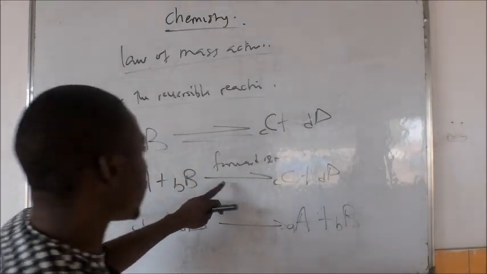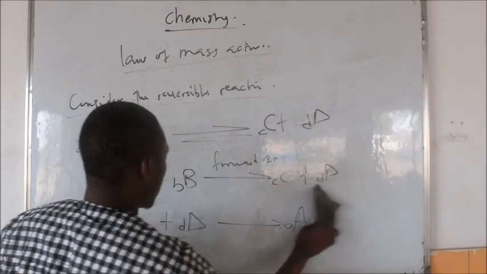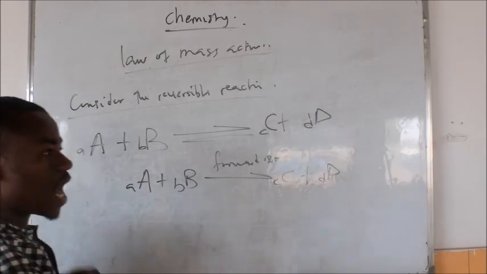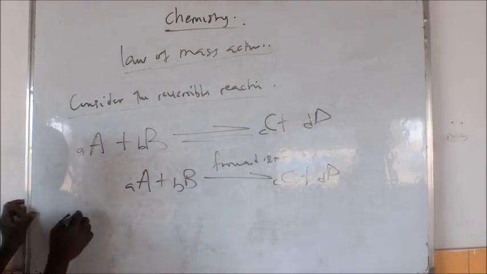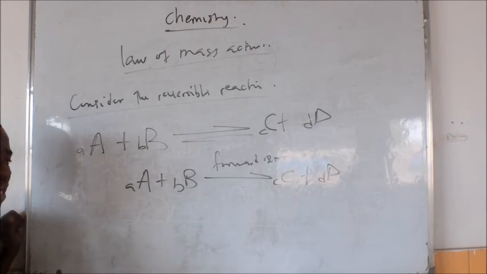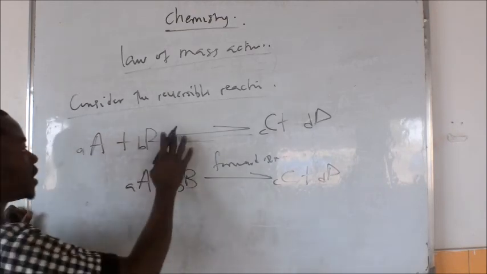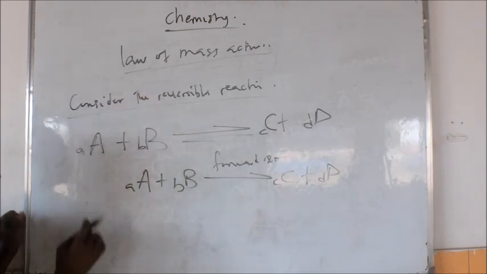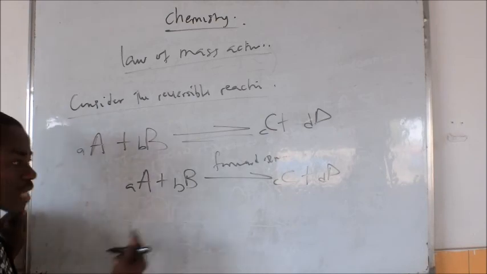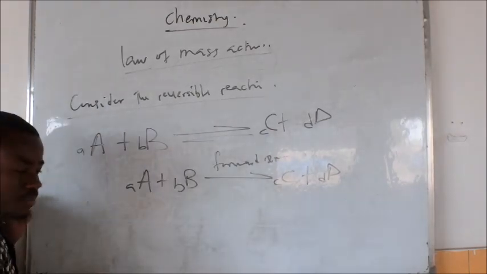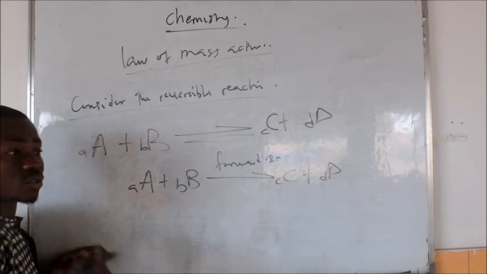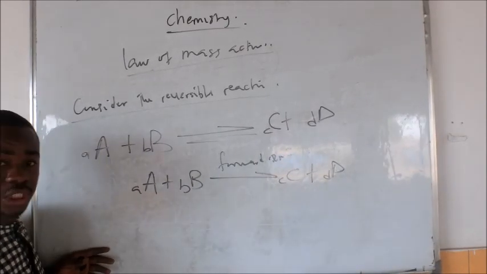Now let's consider the forward reaction. How do you write the rate law? At times we call it rate law, but as far as this place is concerned, we are using the law of mass action to write the rate equation.